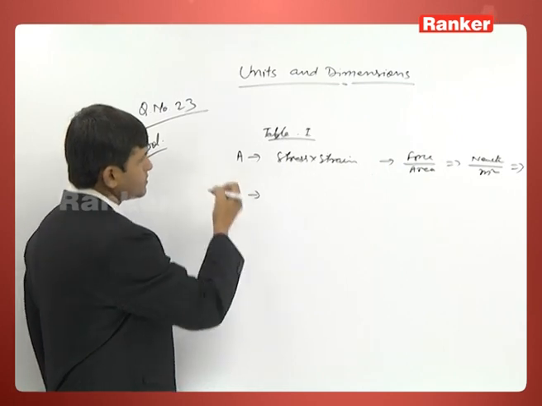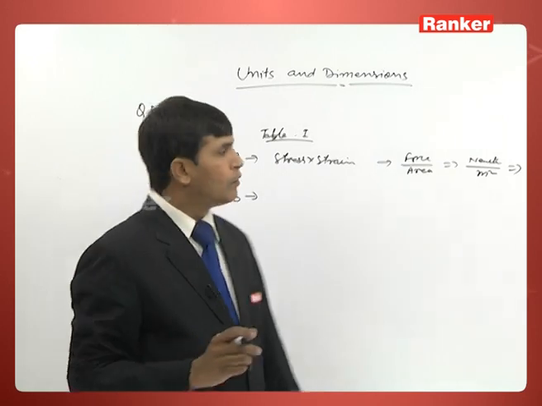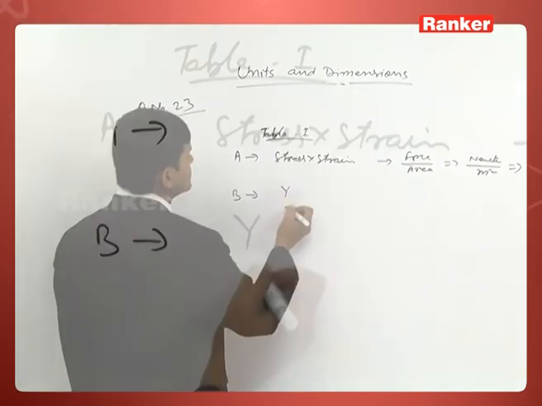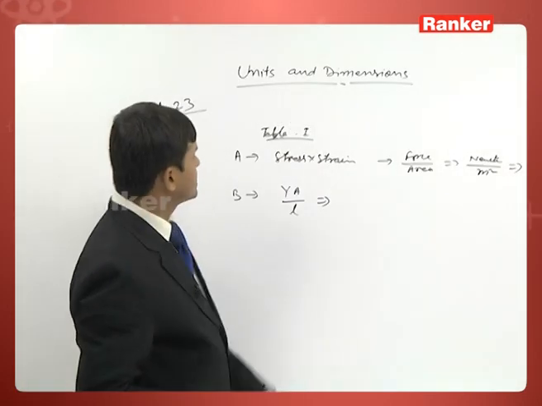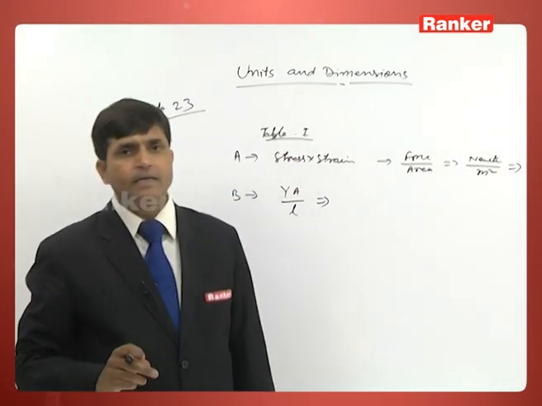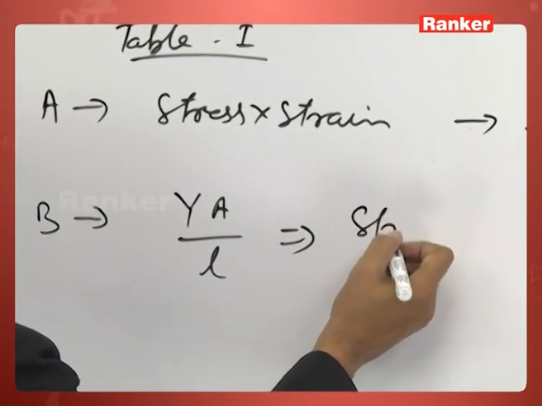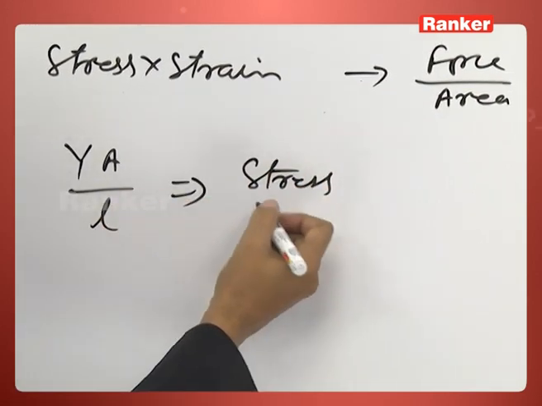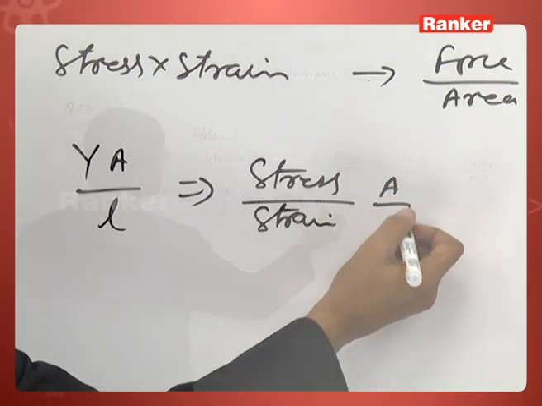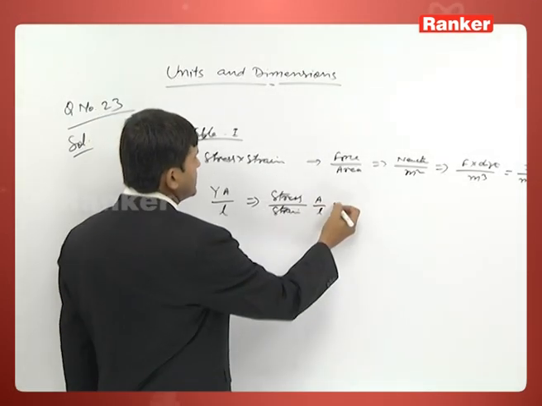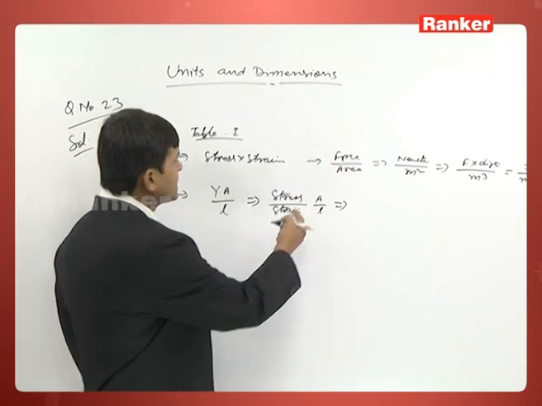B. In B it is given YA by L. Y here is Young's modulus, A is the area, L is the length. The Young's modulus can be written as stress by strain into A by L. Now, stress again: stress dimension is force per unit area.